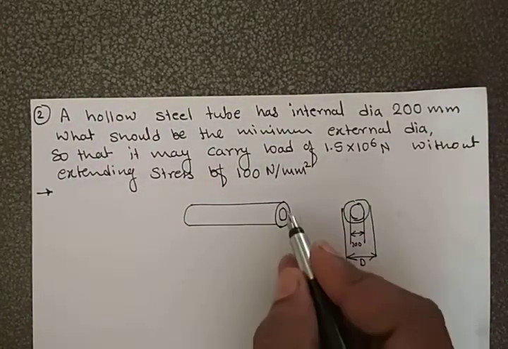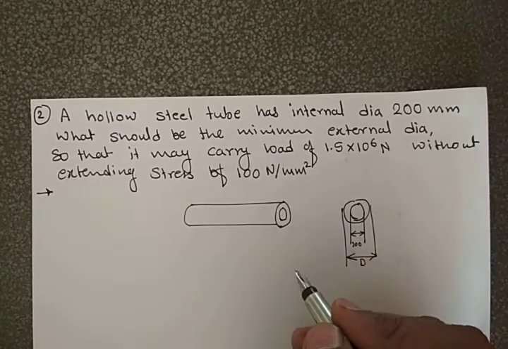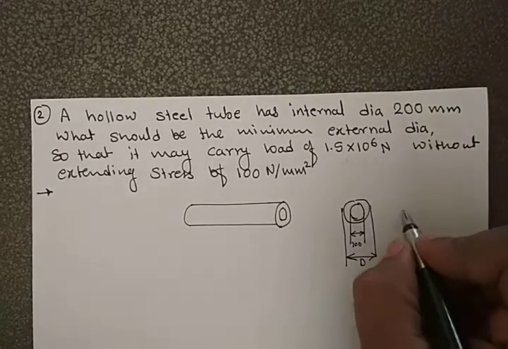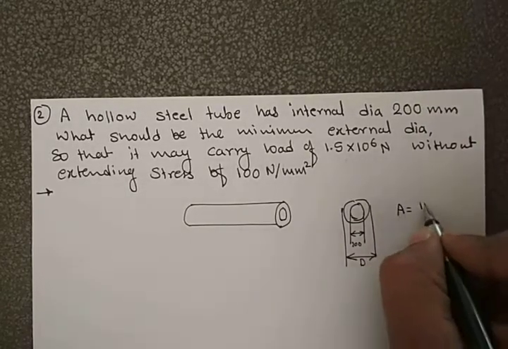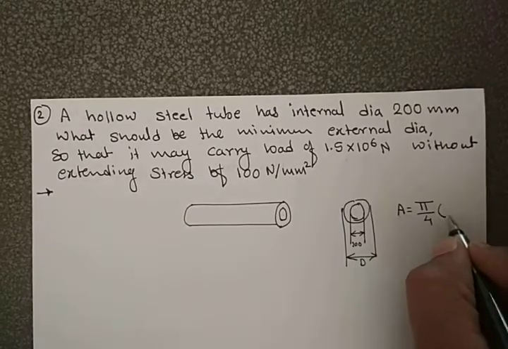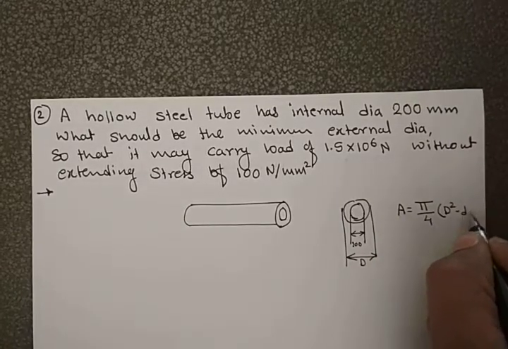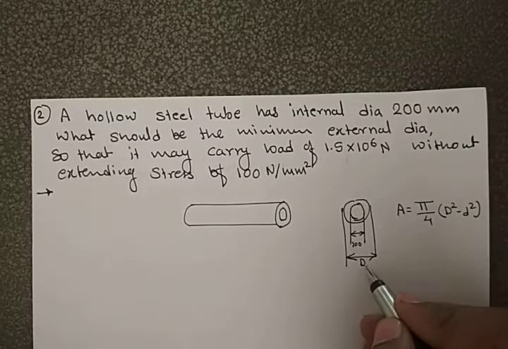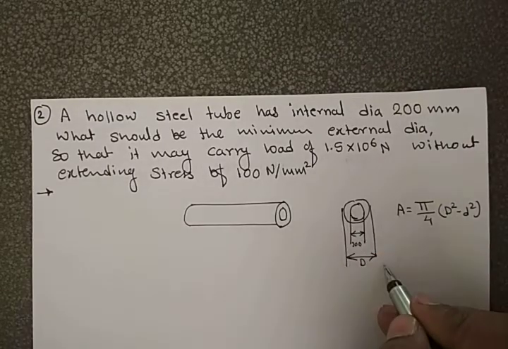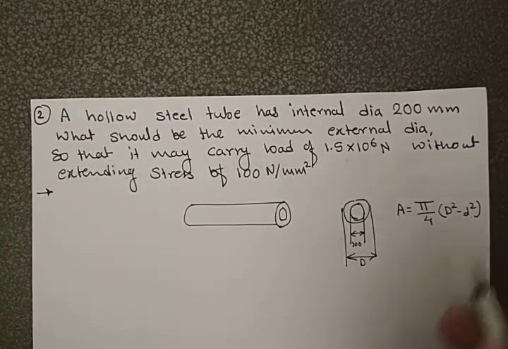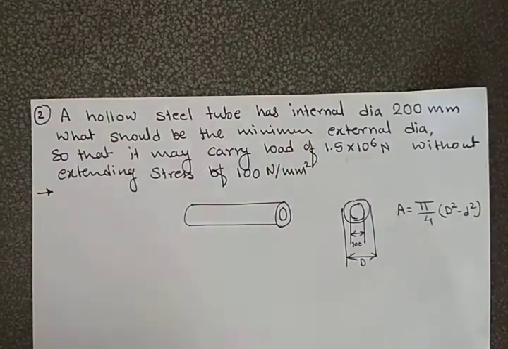For a tube or this hollow cross section, what is the area formula? The area formula will be pi by 4 into capital D square minus small d square. Capital D is nothing but the external diameter, small d is nothing but the internal diameter.